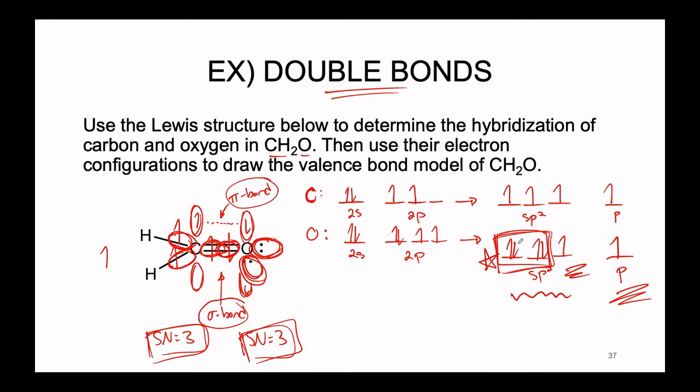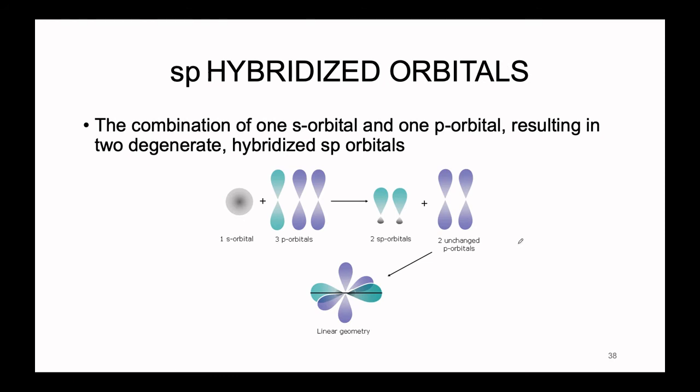So after the sp3 and the sp2 comes the sp. The sp hybridization is a combination of one s orbital and one p orbital. Now this 1 plus 1 is going to give us 2 degenerate hybridized sp orbitals.